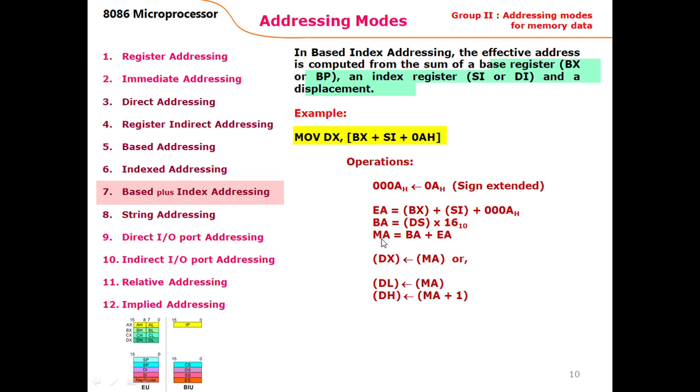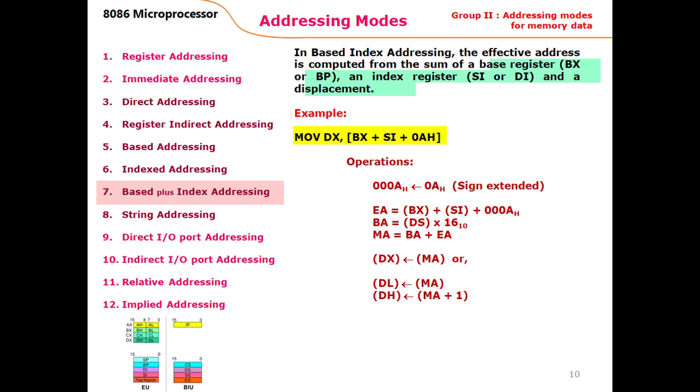So we get the memory physical address, and then the 16-bit content from that memory location is moved to the DX register. As every location in the memory is just one byte, it can store just one byte of data.